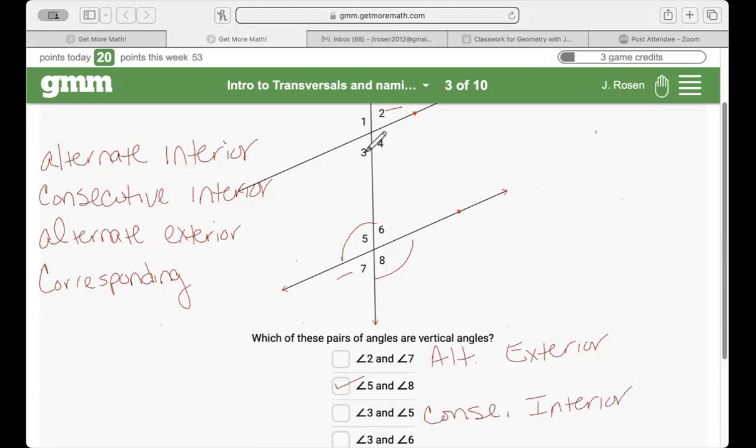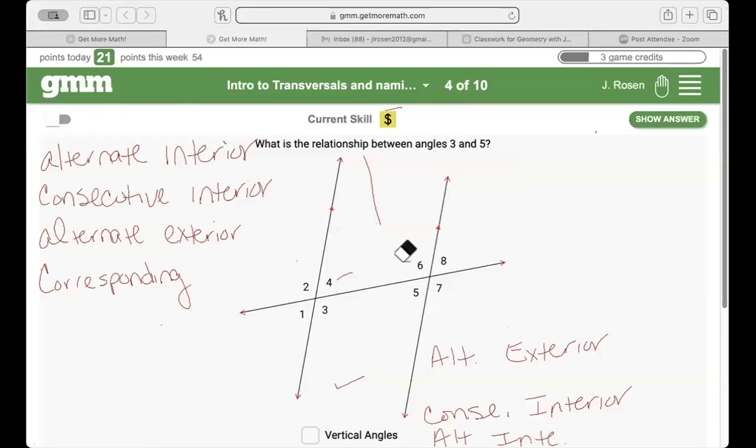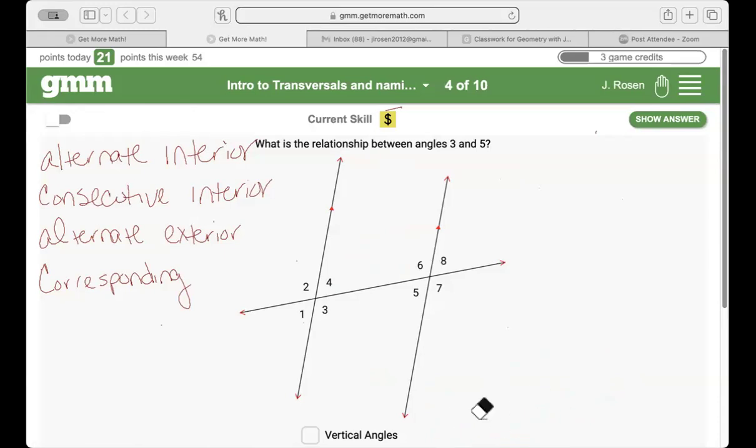And 3 and 6, those are alternate interior. Okay, so again, just using your vocabulary as we go through to prove that those are going to be correct. So again, don't worry about what direction everything is slanted or drawn. We are just looking at the pieces as they are given to us.